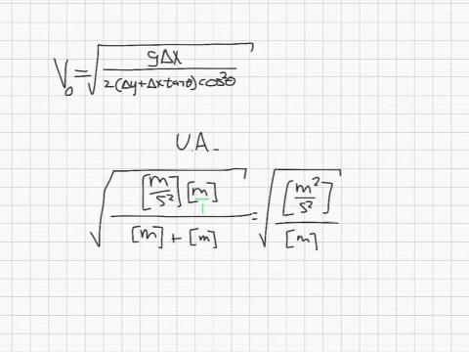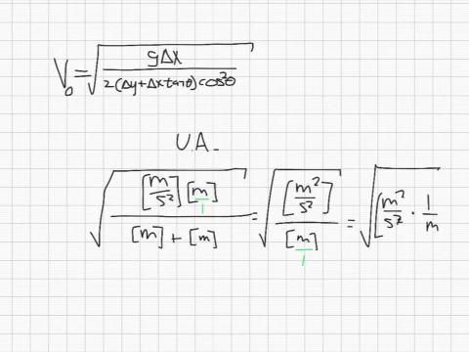Now when I work this through also, I can think of again this meters as a fraction, and one thing I can do here, maybe the way to look at this, is to take meters squared per second squared, and we're dividing it by another fraction, so that is like times the reciprocal. So that's times 1 over m. Now, we have an m here.